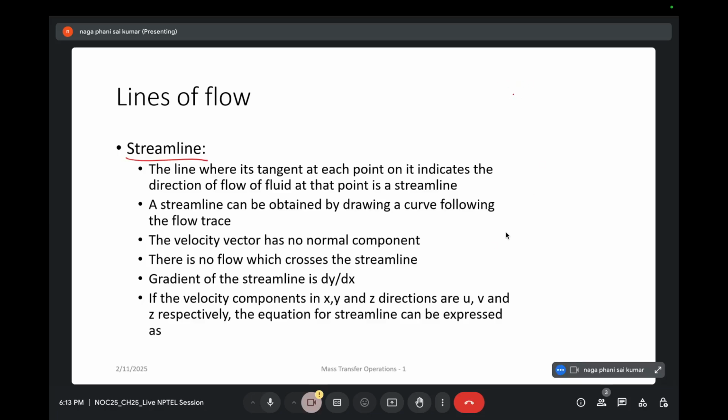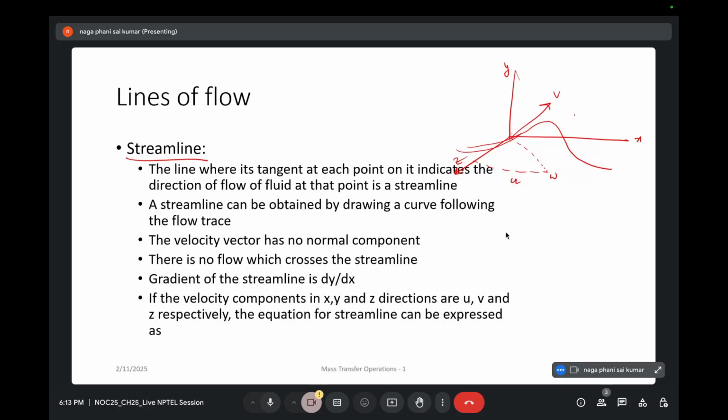Okay, so let's say this is z, y and x. Let's say a fluid is flowing something like this. It will be having some velocity in z direction as well, and also some velocity in x direction.